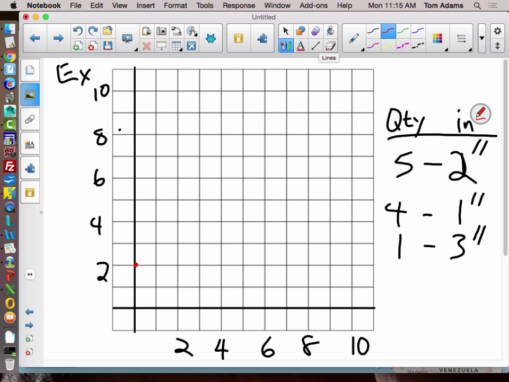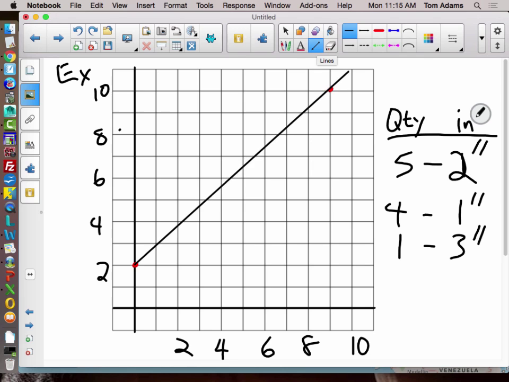So I come in here and it has a y-intercept at (0, 2). And then at 10, it's (9, 10), so 9, 10 here.